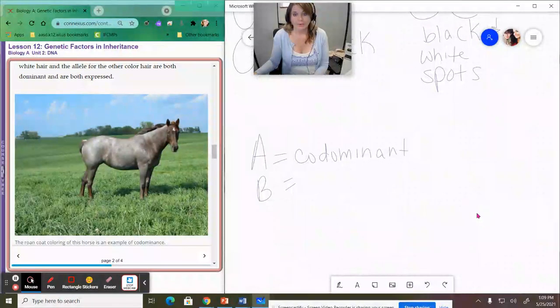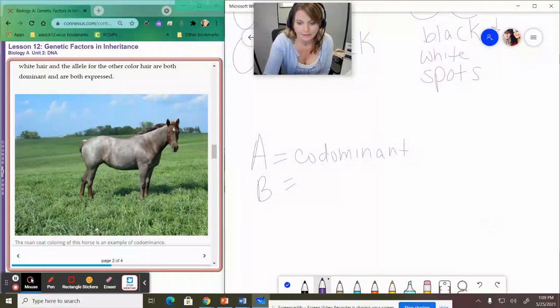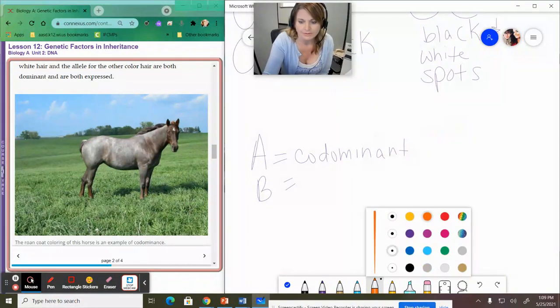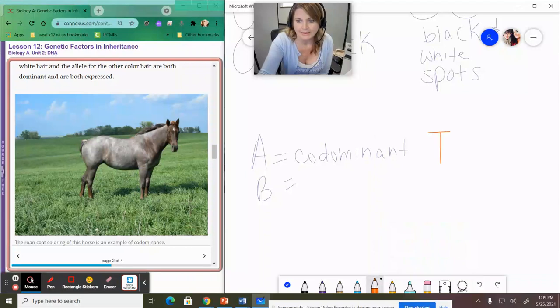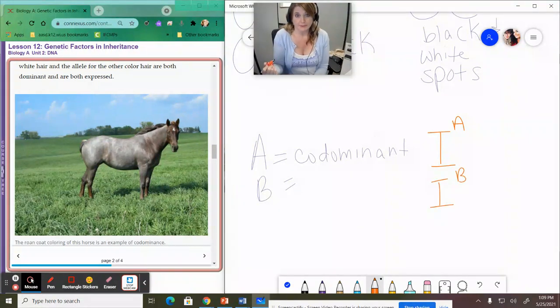We actually write these like this: I with a superscript of A and I with a superscript of B. That's how we write them.